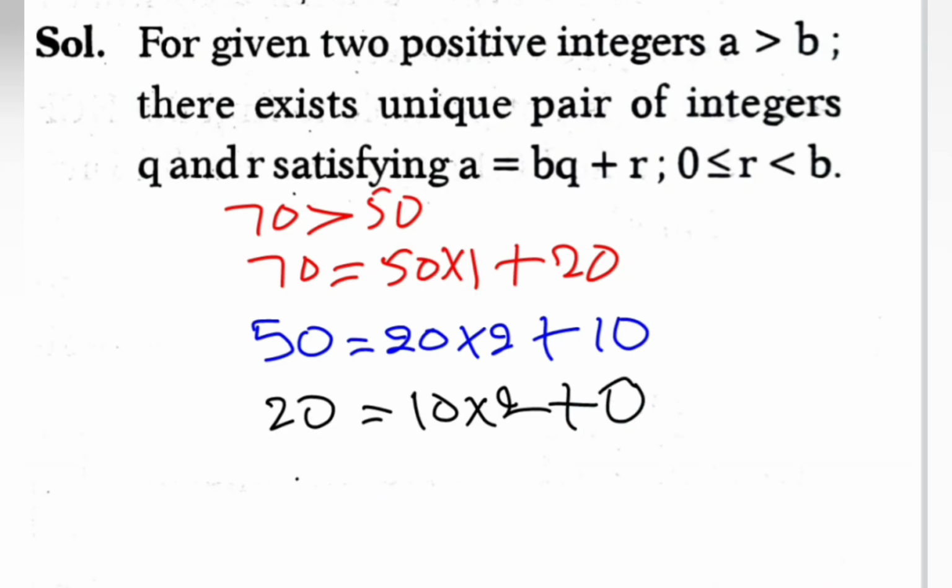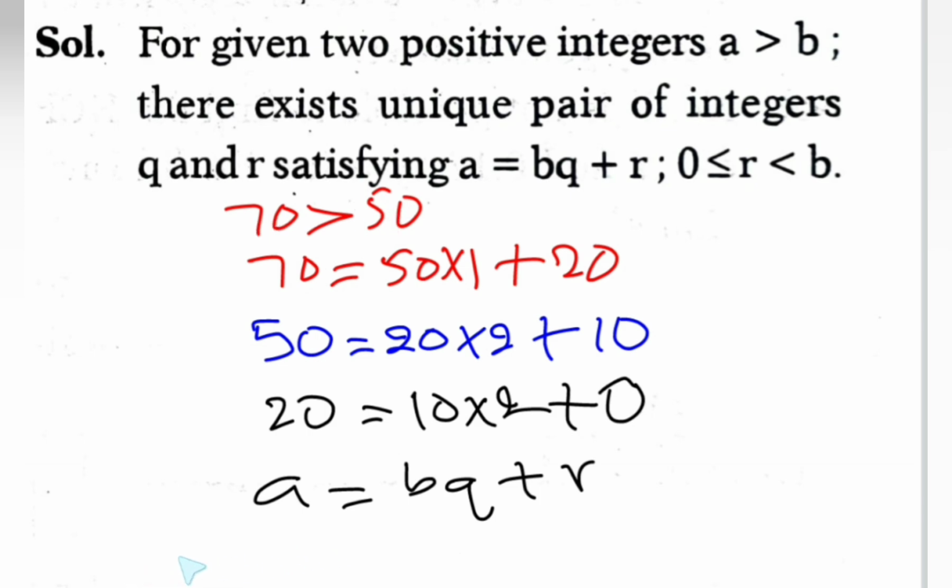Now a is equal to bq plus r, and here r is 0. So r equal to 0. Then b is the HCF of 70 and 50.